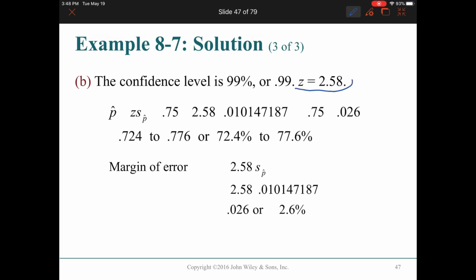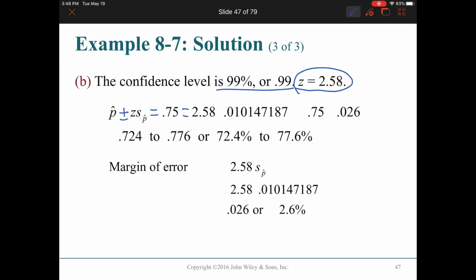So the point estimate of P, of course, is p hat equals 0.75. It's kind of easy. But the confidence level is 99%, and we go back to what we already learned, and I'm going to use the 2-decimal version of the 99% Z value. So that's good.